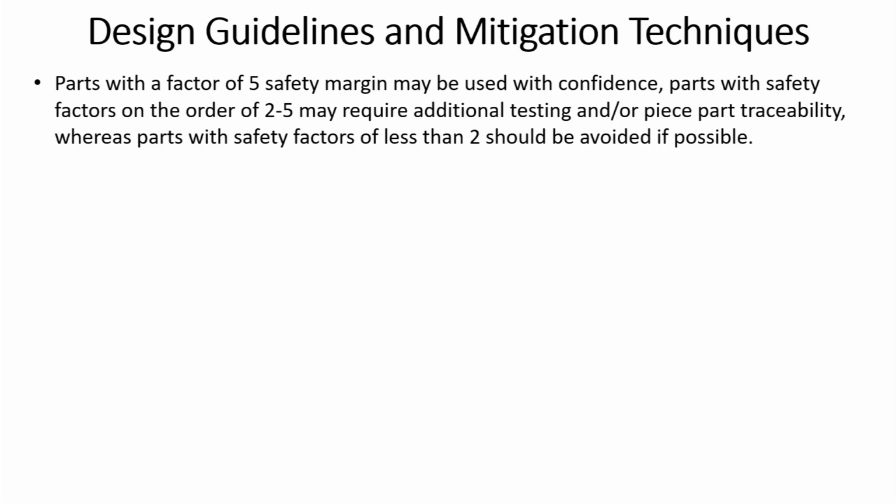Traceability means those elements should have proper tracing: where it is used, what the tests are, and what the performance is, at each stage it should be traceable. But if the part's safety factor is less than 2, it should not be used. In some cases, if there is no other way, then only it should be used; otherwise it should be avoided.